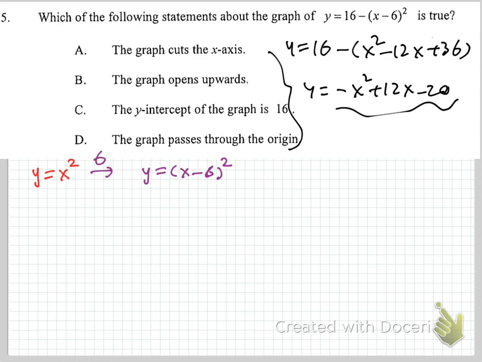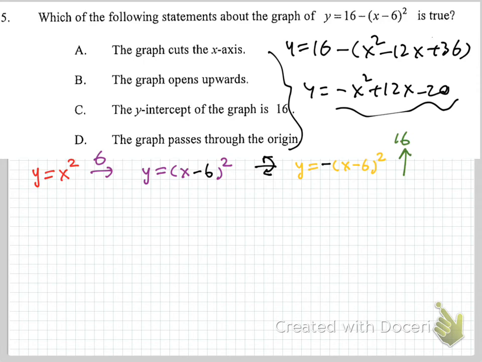And then I do an up-down flip. So it becomes y is negative x minus 6 squared. Alright, this negative is from the up-down flip, right? This minus 6 is from the movement. And then I move it upwards by 16 units.